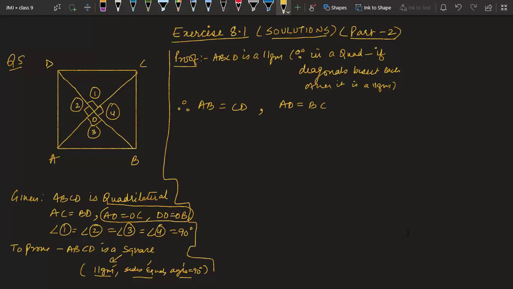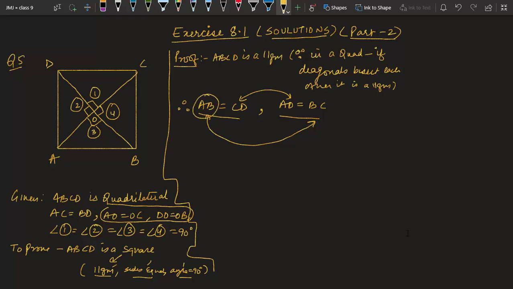As I have told you in the previous questions, now our target is to find a connecting link. These two are equal, these two are equal. If I am able to prove AB equal to BC or CD equal to AD, that would act as a connecting link and we can say all sides are equal. So let us see how to prove that.